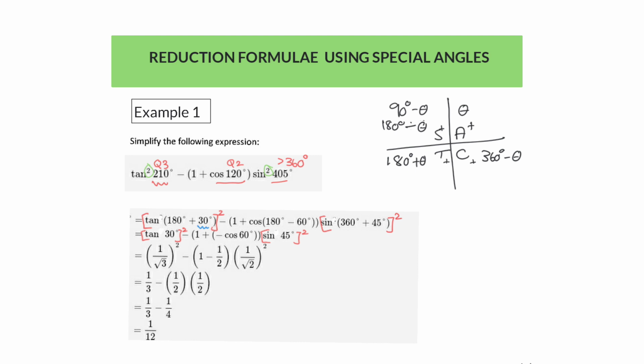If you remember correctly, we must just sort out the sign. What is tan in the third quadrant? Positive. So it's no problem. It becomes tan 30. Now we move on to the cos 120. Second quadrant. Which formula? 180 minus something. I also have another one, but I stay away from that one. This is my default, the 180 degrees minus theta.